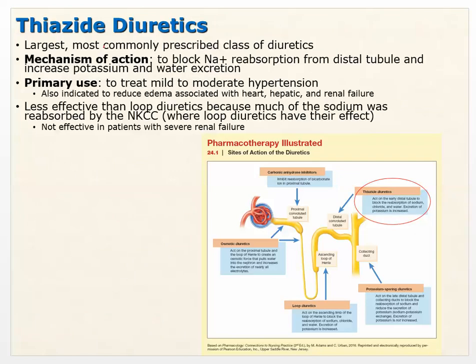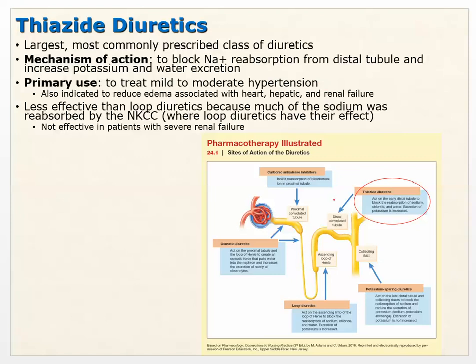Thiazide diuretics, that's a different chemical class. These are the largest, most commonly prescribed class. They're not as effective, but they fit the profile of what a typical person would need. So mechanism of action: they also block sodium reabsorption from the distal tubule.